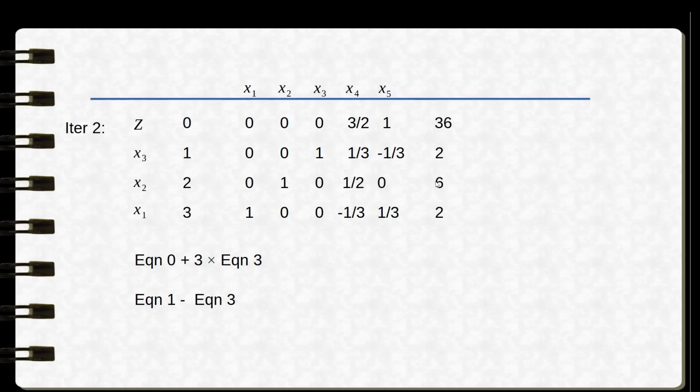Now, this is the optimized production of batches of aluminum and wooden frames. That's it, 2 and 6. And the maximum profit that we can get out of this operation is 36,000 rupees.